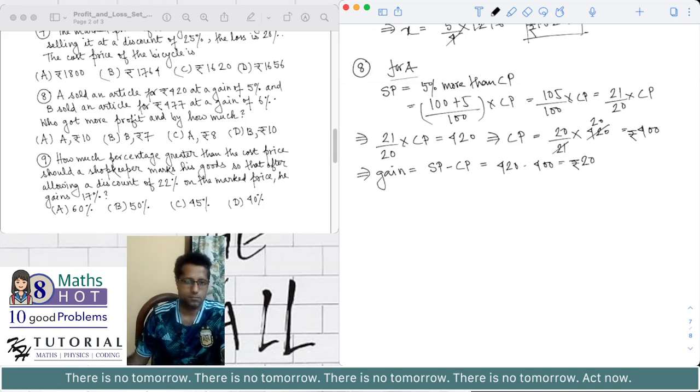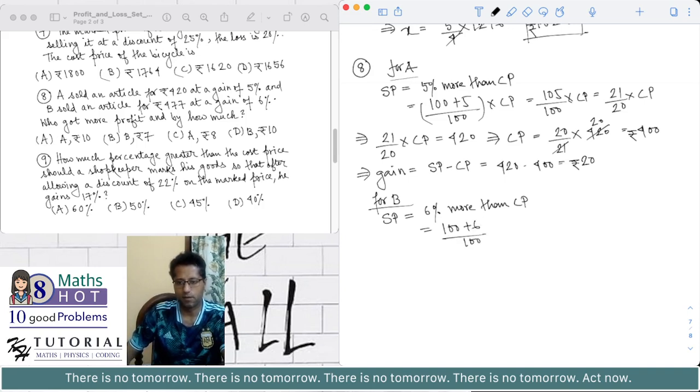Okay. So again, similarly, we have to find for B. For B, we can say that the selling price is 6% more than cost price. This is equal to 100 plus 6 divided by 100 multiplied by cost price.